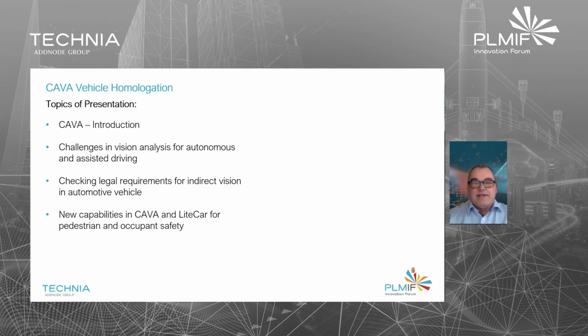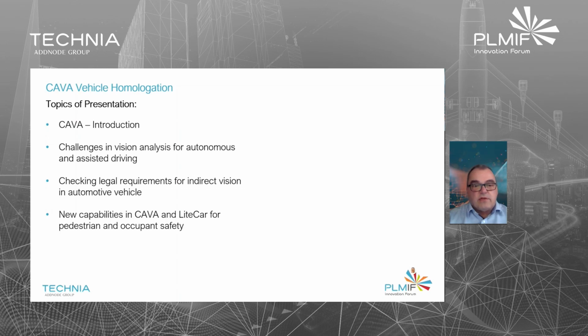Okay, coming back to my presentation, I'd like to give you an intro about the topics of the presentation. I would like to give a small introduction about CAVA, what the product itself is. And then I want to go into the area of how CAVA can help you in the autonomous and assisted driving. So some challenges in the vision analysis in that area that CAVA can assist you with.